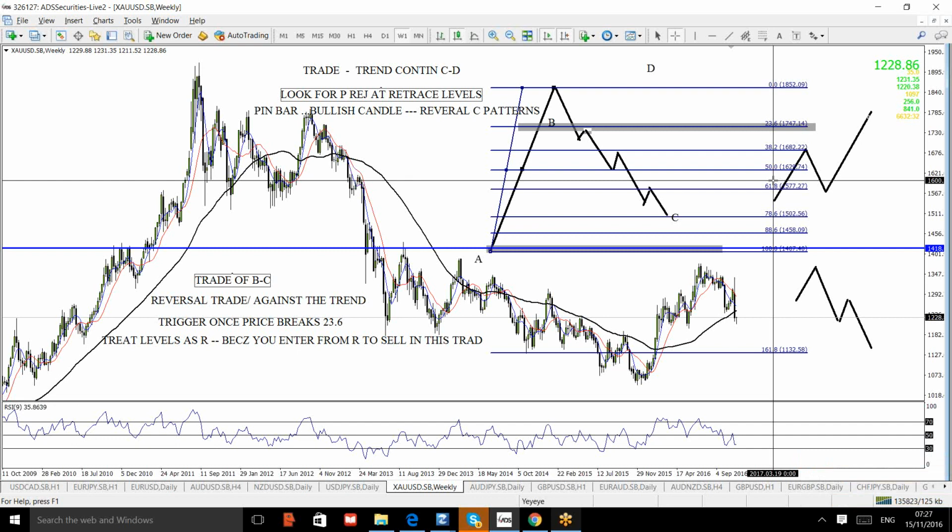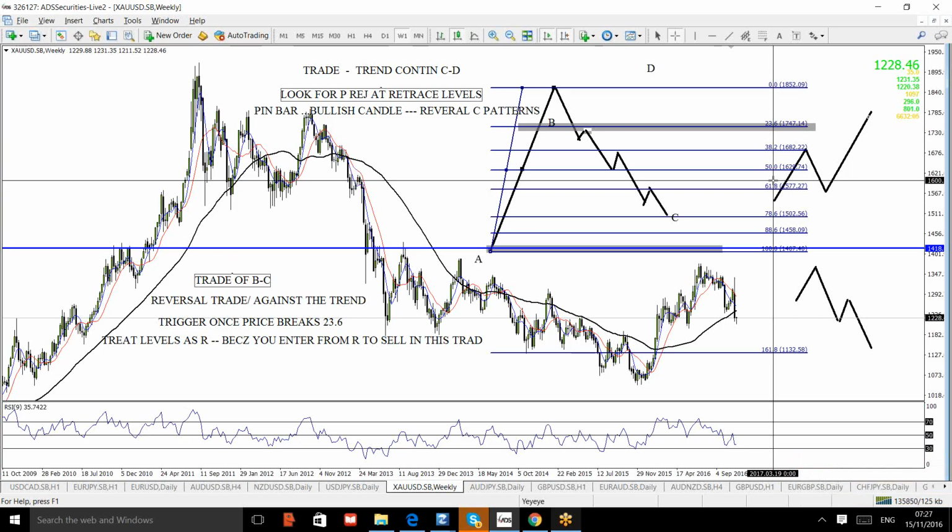Okay, now I have said all this. The rules to enter the trade and to exit the trade remain the same, because these Fibonacci levels, when I say treat them as resistance in the trade BC and as support in a trade CD, I'm talking about support and resistance automatically, right?